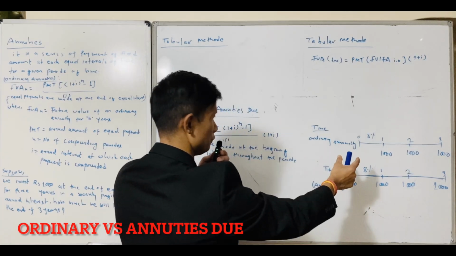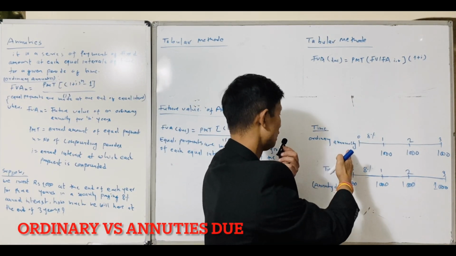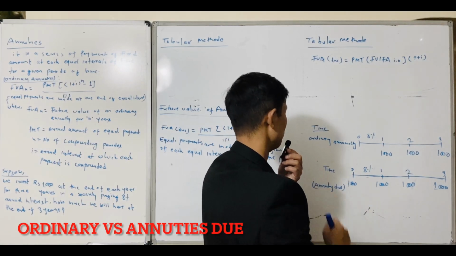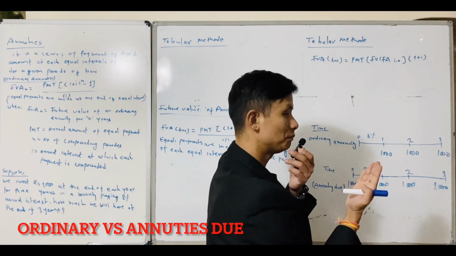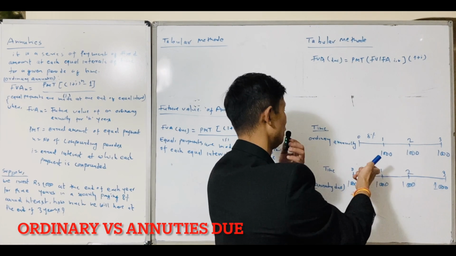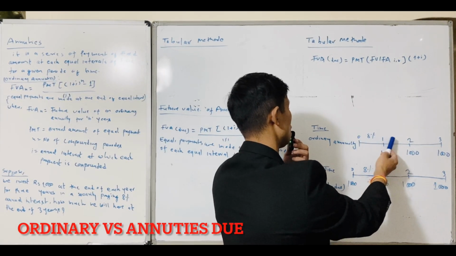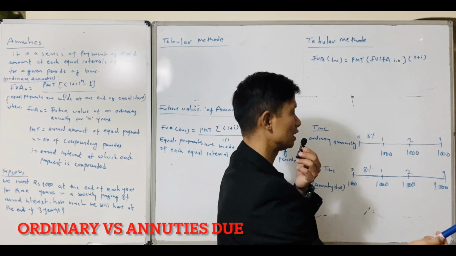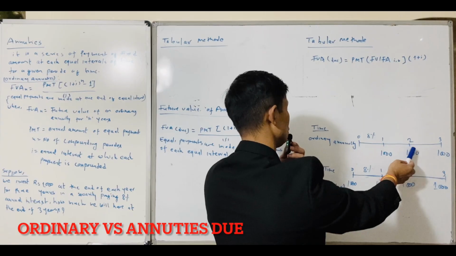Just have a look at this figure. What is the difference between the ordinary annuity and the annuity due? In the ordinary annuity, the equal payments are made at the end of the terms. For example, this is the number of years 0, 1, 2, 3, 4, and the payments are made at the end of the year, for example 1, 2, 3, 4.